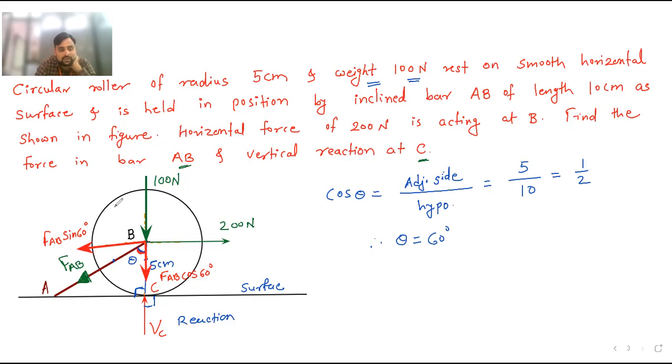Now we will use the equations of equilibrium. Applying summation Fx equal to 0, we get plus 200 minus FAB sin 60. Are there any other forces? No, only two horizontal forces are there, equal to 0.